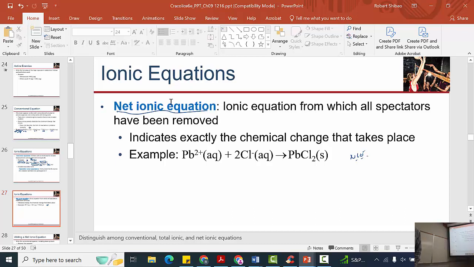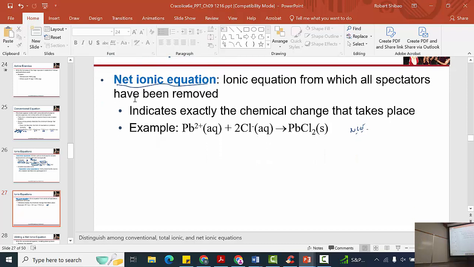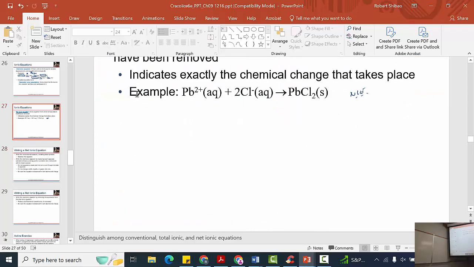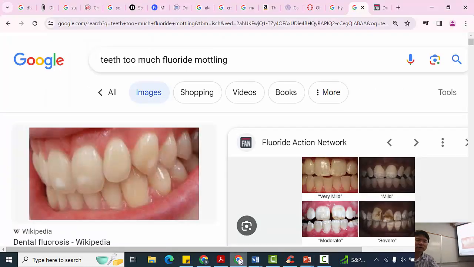Lead-2 chloride is a white precipitate, so this would result in something observable. We can see here as far as observations go.